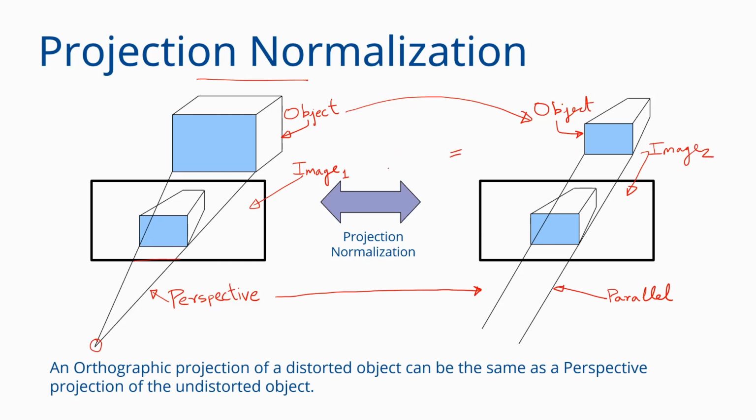Then image 1 is going to be the same as image 2. An orthographic projection of a distorted object can be the same as a perspective projection of the undistorted object. And what is this distortion that we are talking about? It is a sequence of transformations that we applied to change the view frustum from a perspective view frustum to a parallel view frustum.